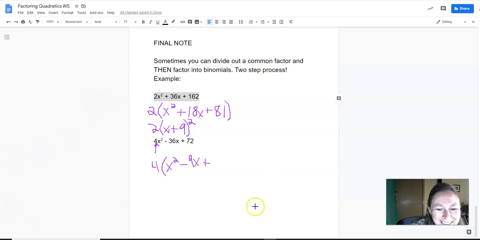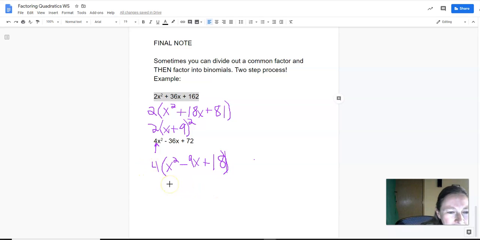Oh, I can't see my calculator because of the drawing tools. So it's 18. There we go. And now I'm going to look for a way that I can factor this a little bit more.